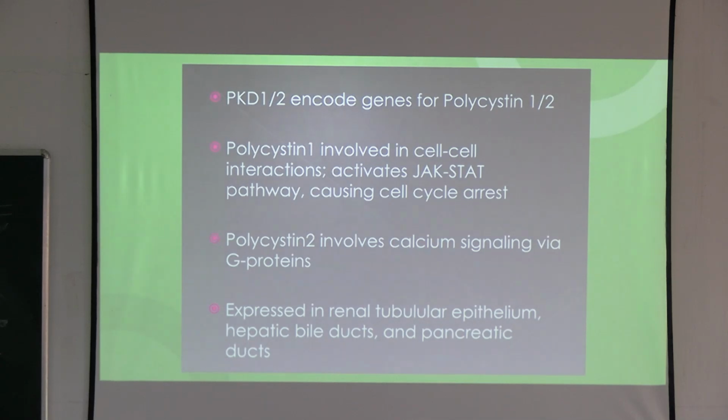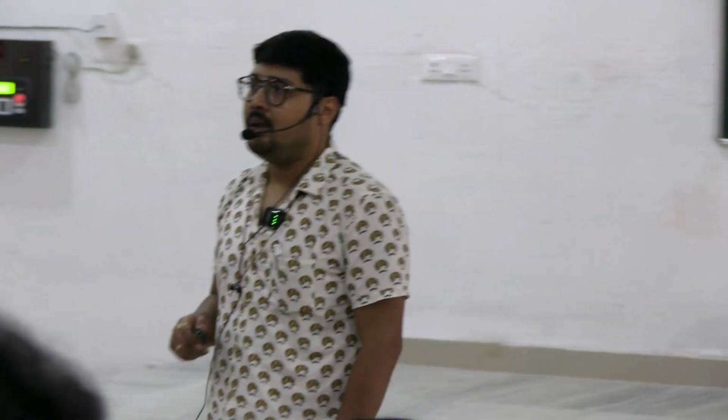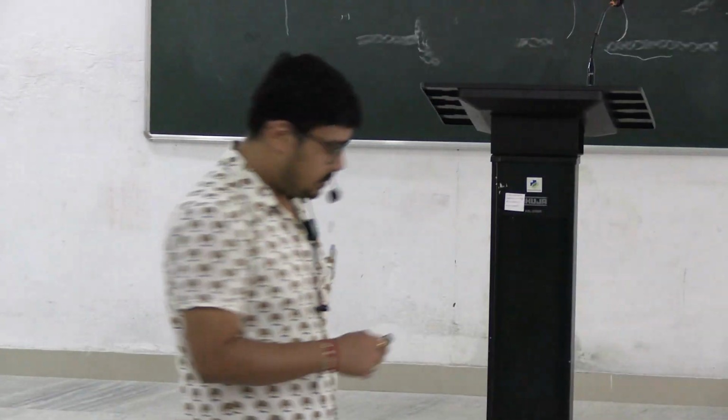So wherever the organs in our body have ducts or tubular epithelium, they may express the polycystin 1 and polycystin 2 genes. Okay, clear?